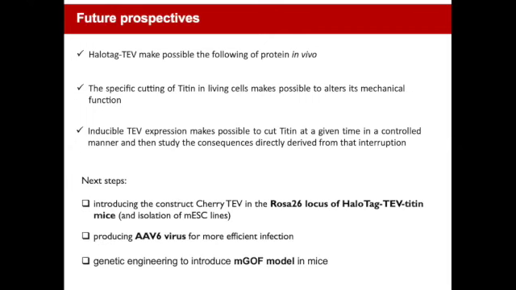In the next step, we want to produce another mouse line in which we introduce the mCherry-TEV in the ROSA26 locus. We also want to check if, using another serotype of adenovirus, we get a more efficient infection of neonatal cardiomyocytes. Finally, about the MGOF, we want to start the genetic engineering to introduce the MGOF model in mice.